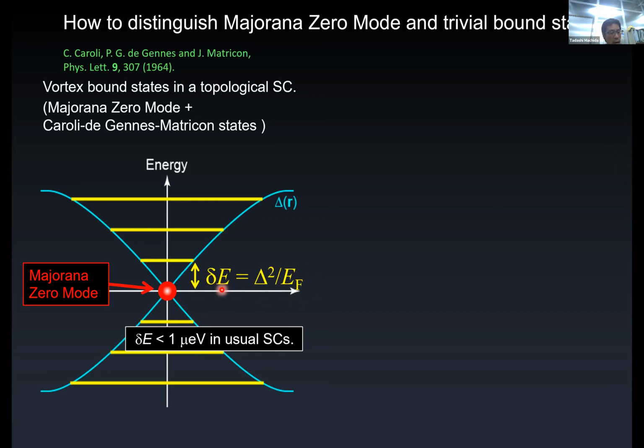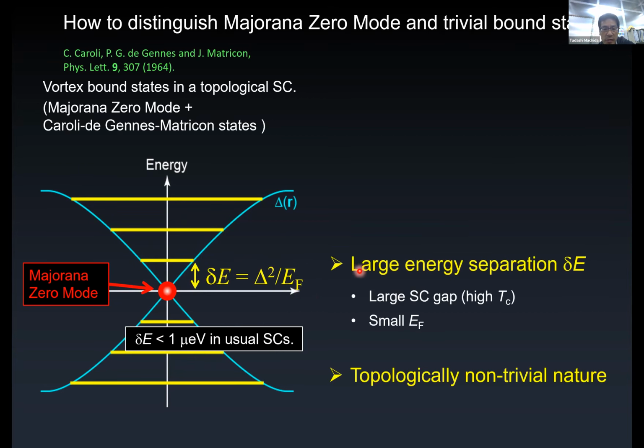Therefore, we have to choose a proper material to distinguish between the Majorana zero mode and the trivial vortex bound states. The material should have a large energy separation, and should also have a topologically non-trivial nature.